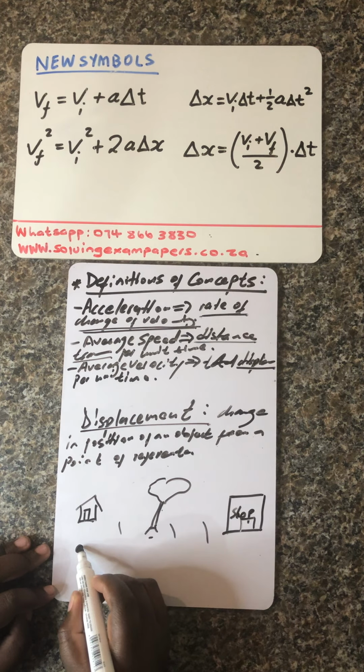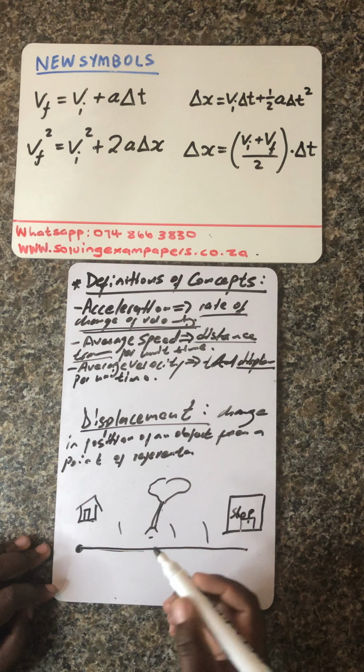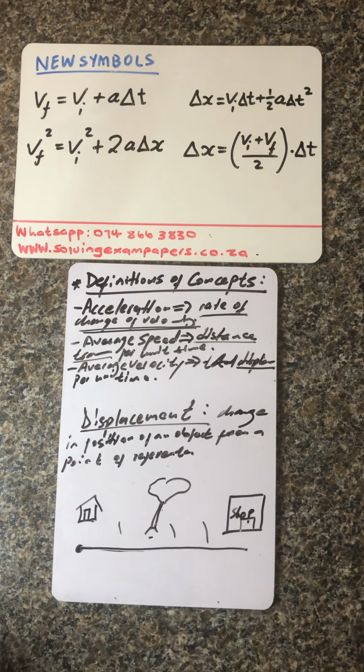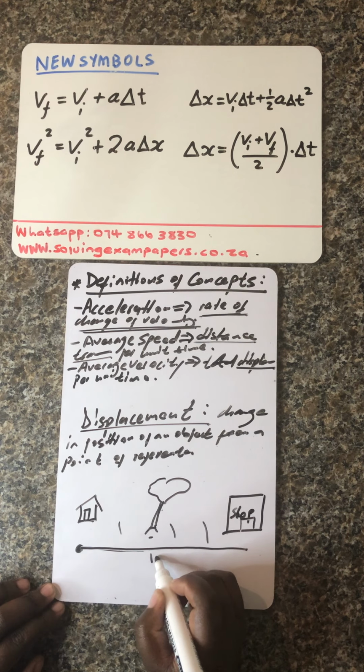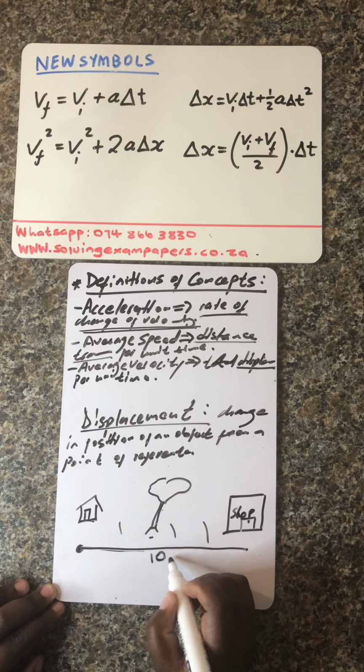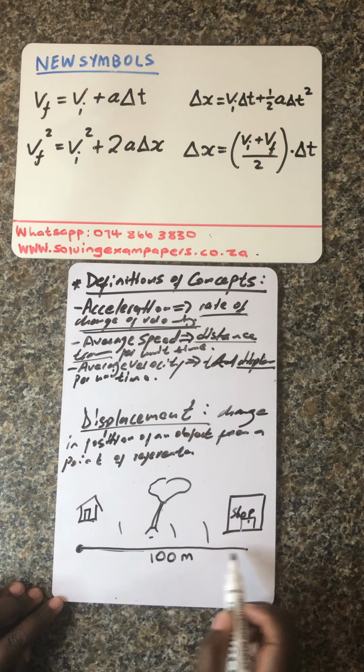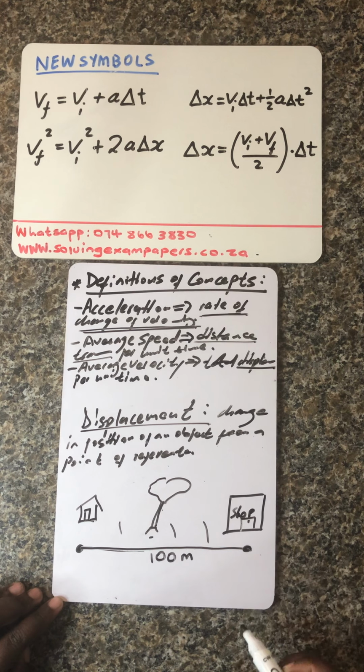If you're able to drive, then you drive to the shop, and that distance, let's say it's 100 meters. Okay, so you walk 100 meters, you get to the shop.